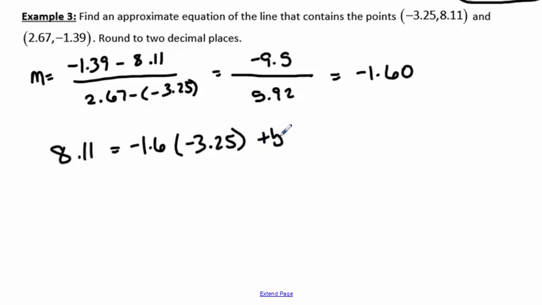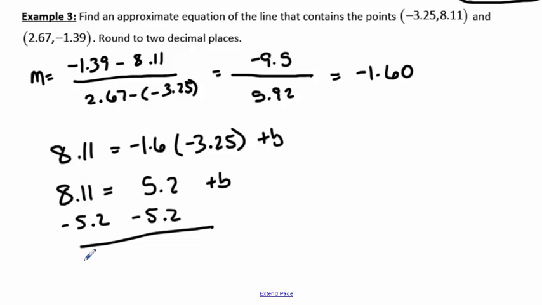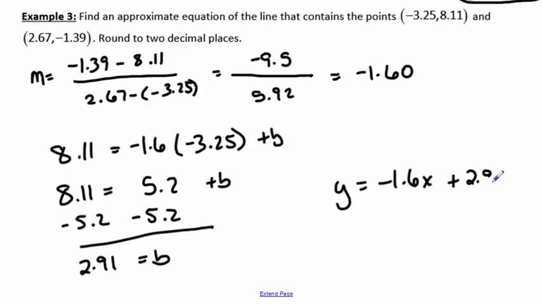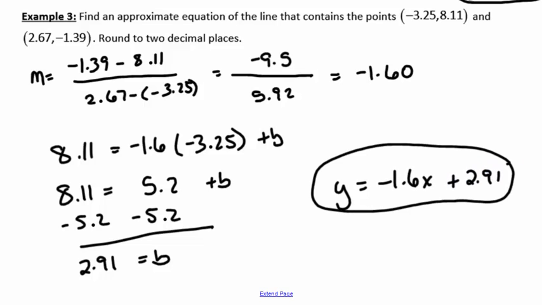Let's multiply those numbers together. 8.11, if I multiply negative 1.6 and negative 3.25, we're equal to about 5.2 plus b, and we'll subtract 5.2 from both sides. 8.11 minus 5.2 is 2.91 equals b. So our equation is y equals negative 1.60x, or just negative 1.6x, plus 2.91. Let's check out the next page.